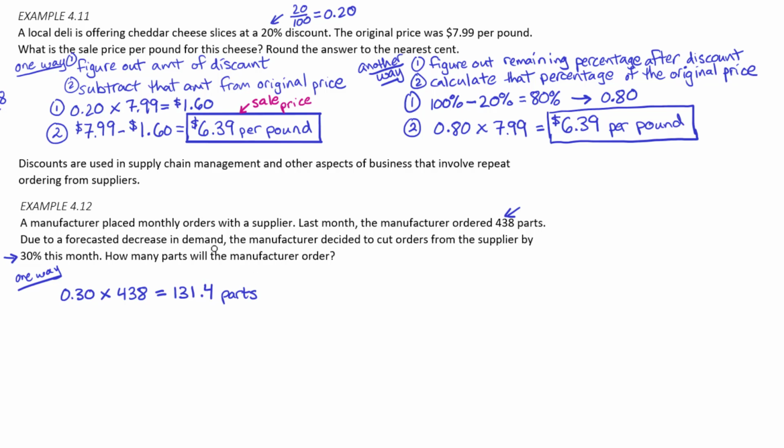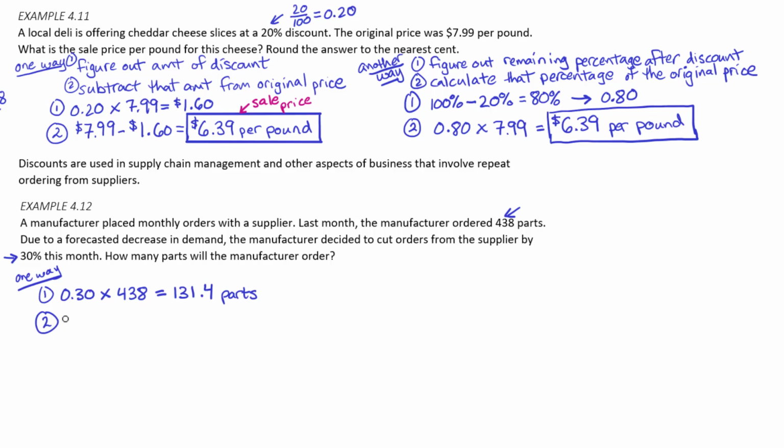Now you see this came out with a digit after the decimal point, which is 4, and we know we can't order 0.4 parts, but let's wait until the end of the calculation to figure out what we are going to order. So now we've figured out that 30% of 438 is 131.4.